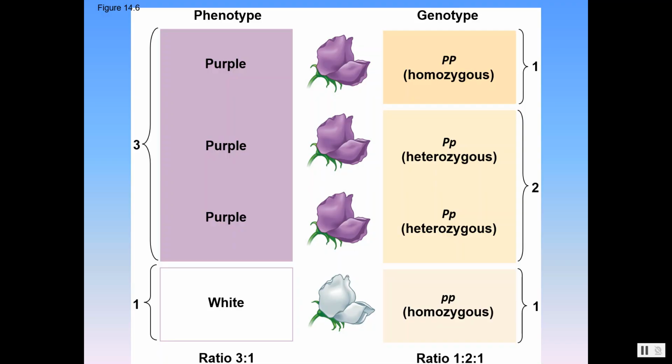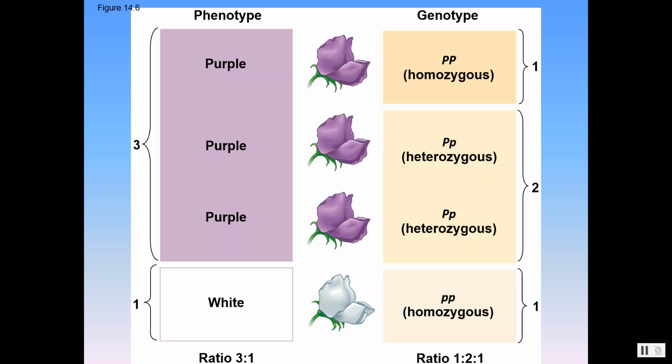In the middle, we have something called a heterozygote. It has one capital P and one lowercase p, or one dominant trait and one recessive trait. And since the dominant trait is purple, those flowers look purple. On the left-hand side, you'll see something called phenotype. Phenotype is the expressed trait. So the flower is purple. That's its phenotype. The genotype is the genetic makeup expressed in letters.